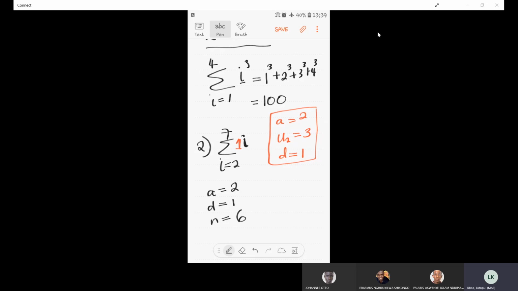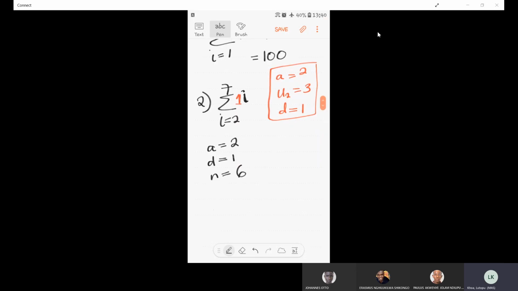The reason n is 6 is because if I'm counting from 1 to 7, I have 7 terms. If I'm counting from 2 to 7, it means 1 is no longer included. So that means I must have 6 terms now. So that's why n is 6.